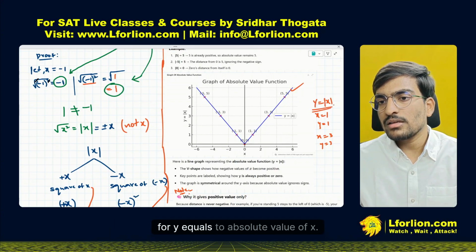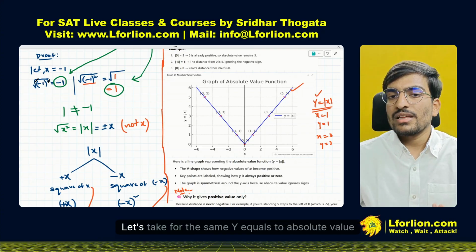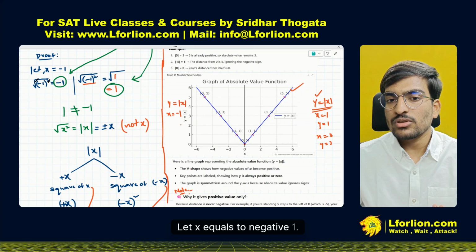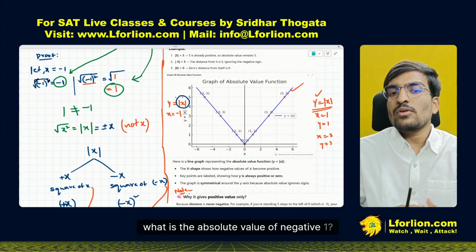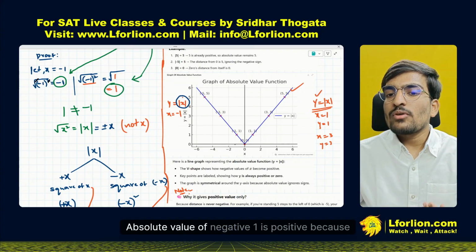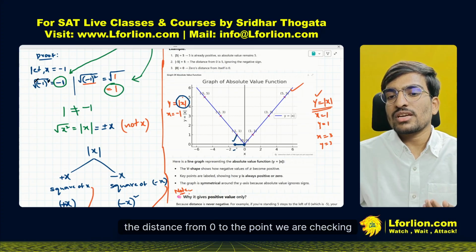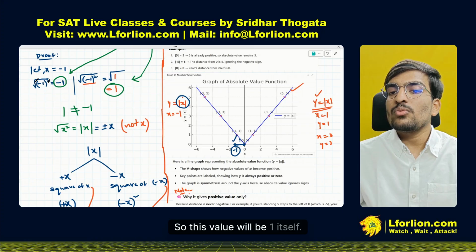For the same y equals absolute value of x, let x equal negative 1. If you substitute negative 1, what is the absolute value of negative 1? It is positive because the distance from 0 to the point we are checking is negative 1, but distance can't be negative, so this value will be 1 itself.